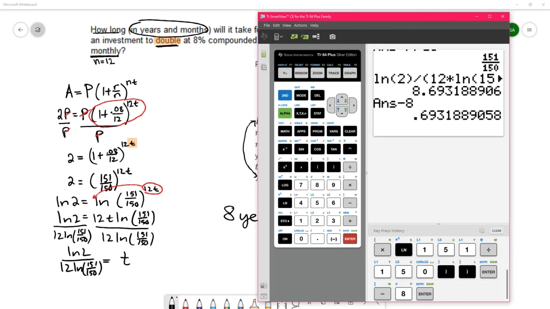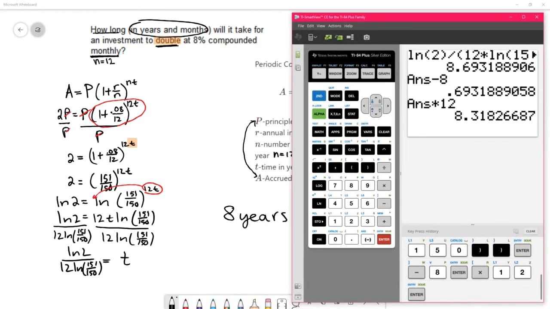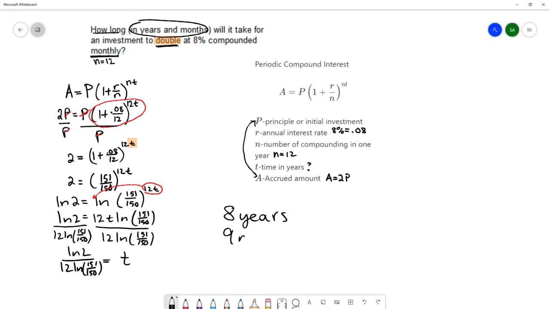And I'll convert the years to months by multiplying by 12 because there's 12 months in a year. And so it will be 8 years and 8 months. And I'm actually going to round up to 9 months. So 8 years, 9 months.